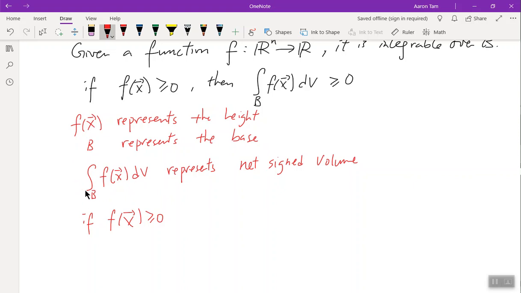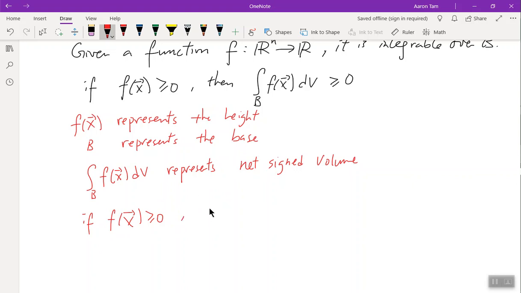The base area has to be a positive number because no matter where you draw B in Rn, it will always have some positive volume or area. Just in R3, for instance, if you draw some region in the xy plane and calculate the area, that area has to be positive.